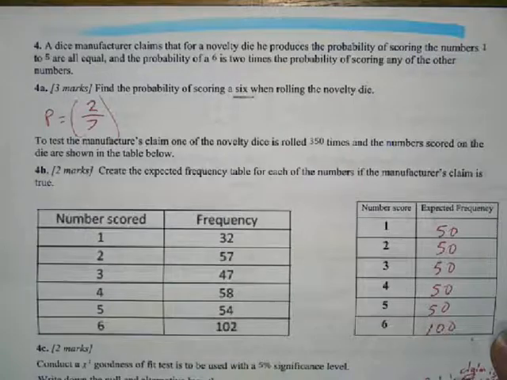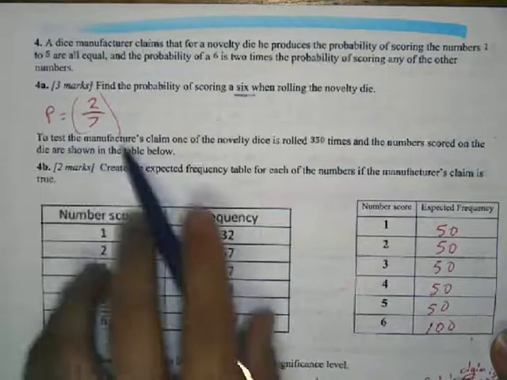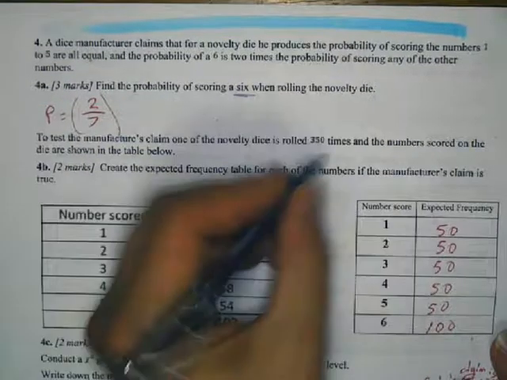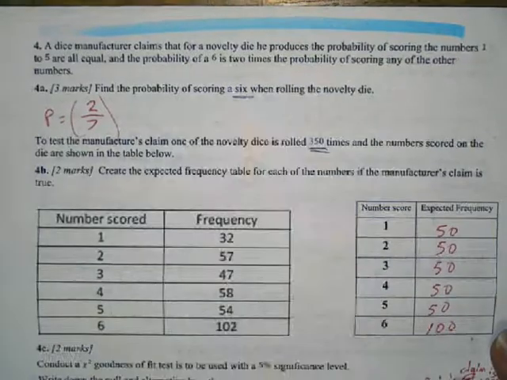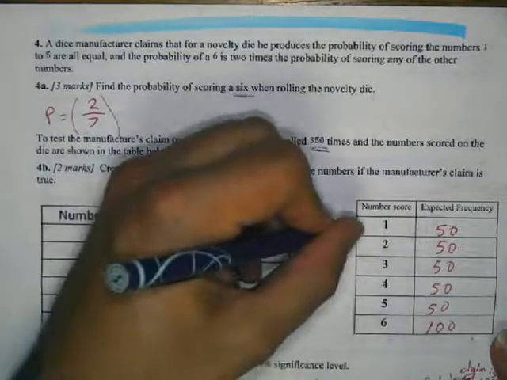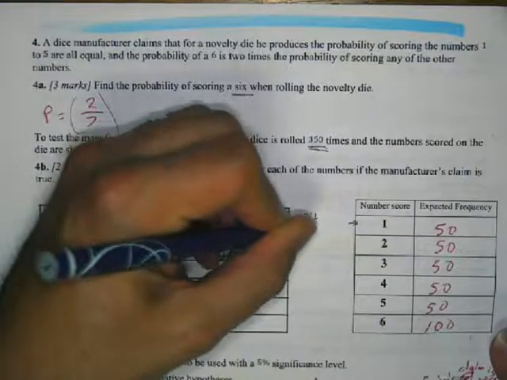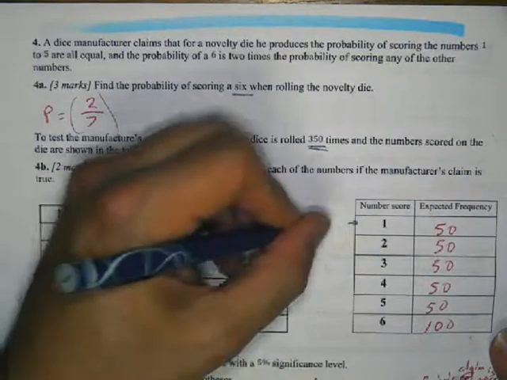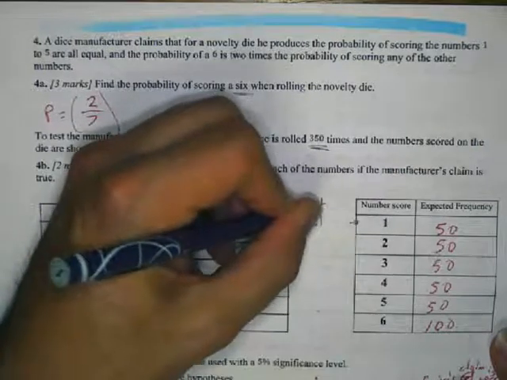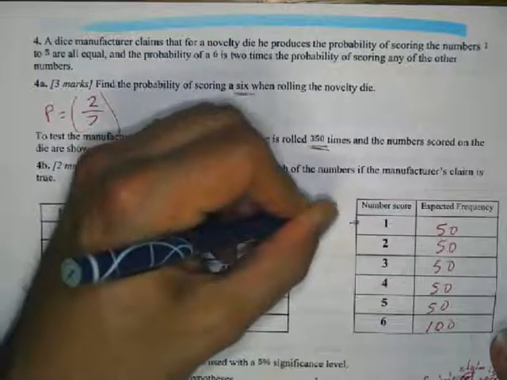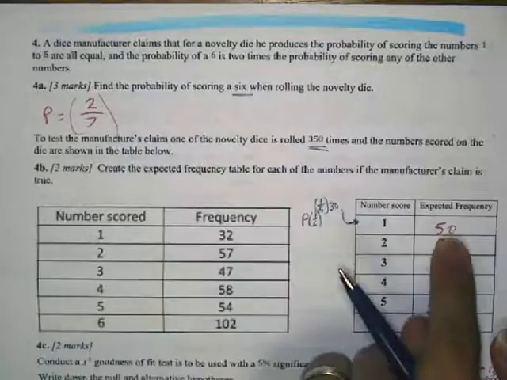Okay, so now we're going to roll this 350 times. So for these here, the probability is 1/7, and I'm going to multiply 1/7 times 350, and we get a value of 50.